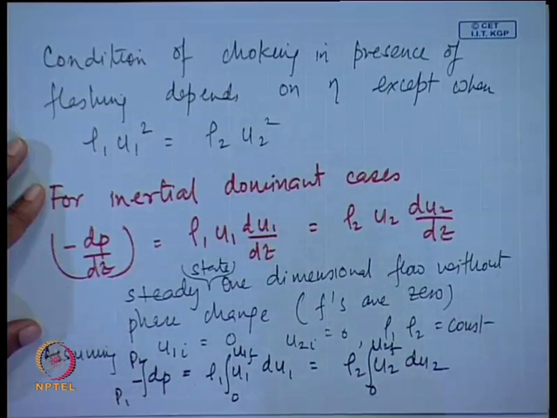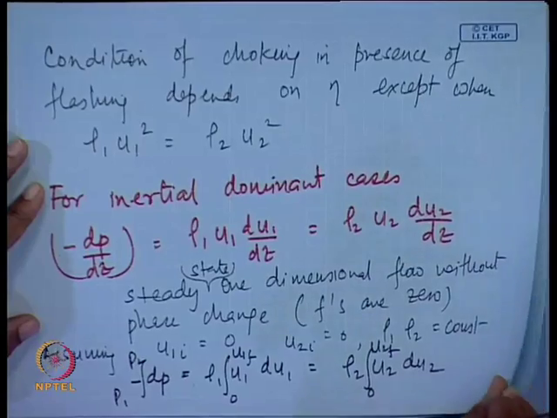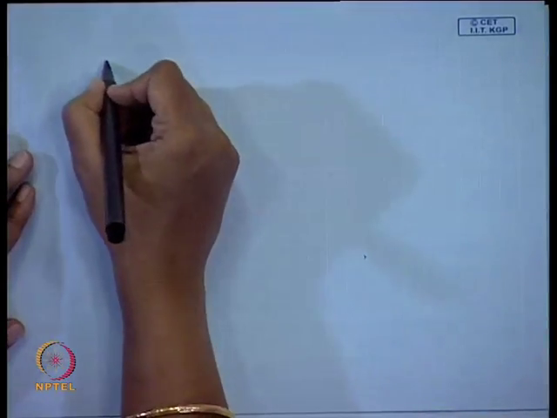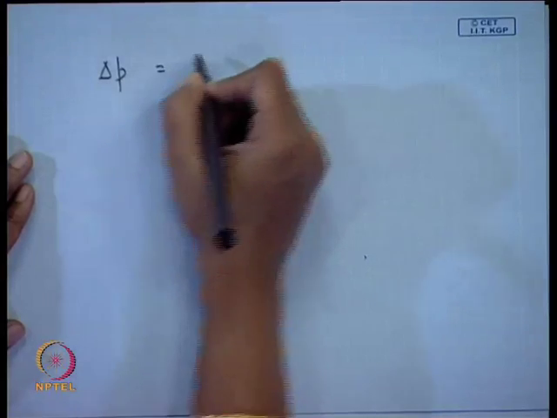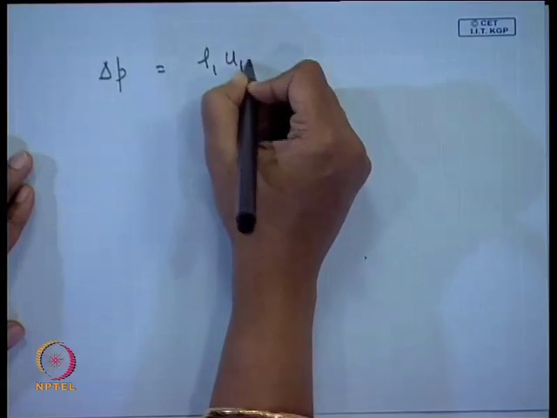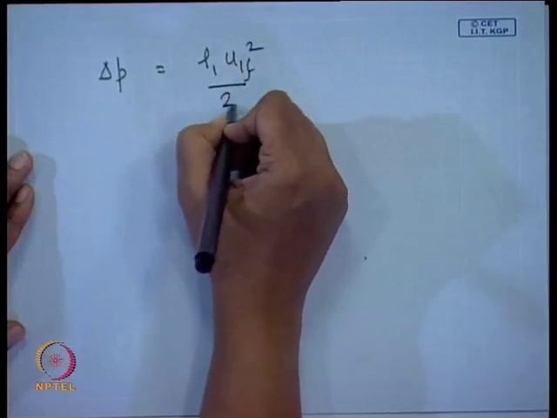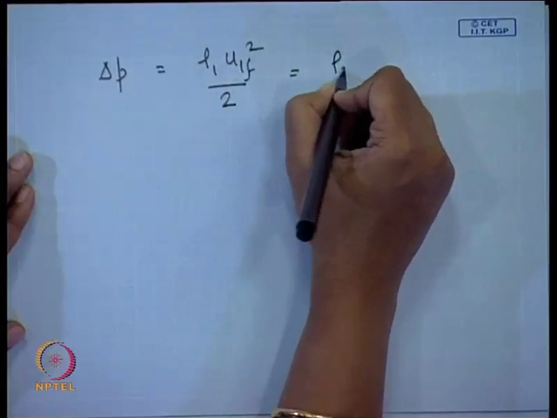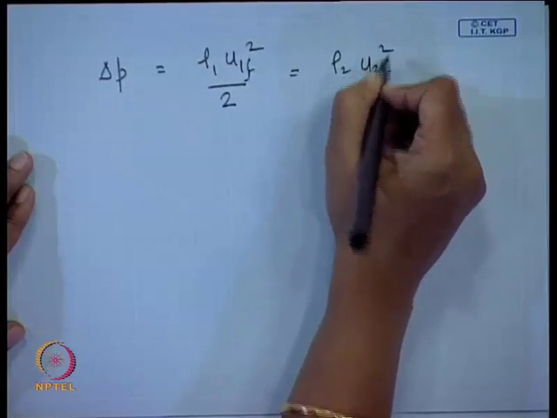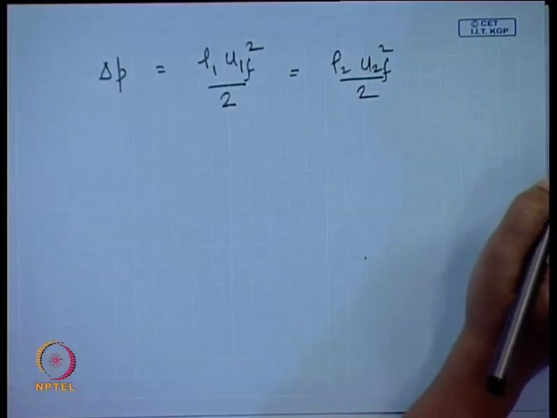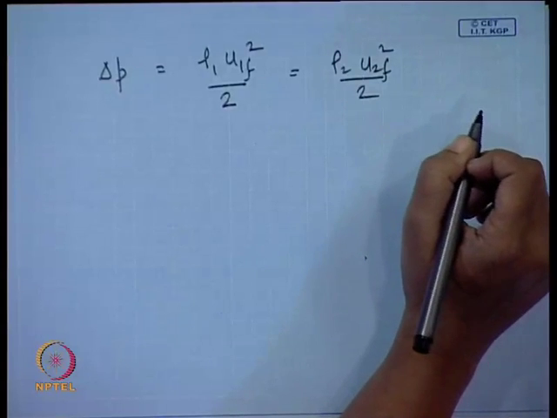So, if we perform the integration, what do we get? We get delta p equals rho 1 u 1 final square by 2, which is equal to rho 2 u 2 final square by 2, agreed.